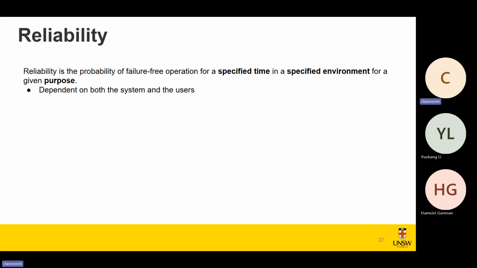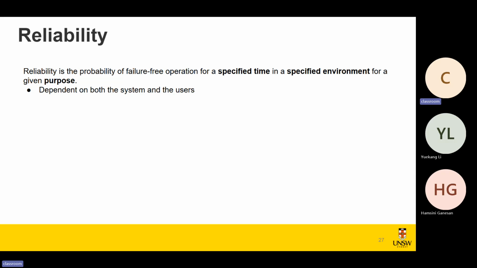So reliability is like the probability of failure-free operation or behaving without any failures for a specific observed amount of time in a specific environment. So this means that reliability actually depends both on the system and the users. So if the users are kind of malicious users like hackers, then this software may not seem to be very reliable.